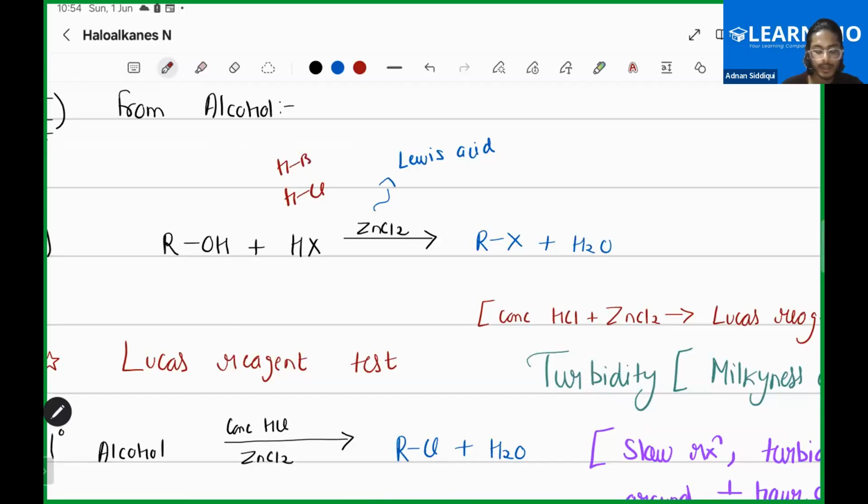It could be HBr, right? And we are using Lewis acid, which is ZnCl2. And we are getting our desired product, which is haloalkane, and elimination of water is taking place. Is it clear what I just said?